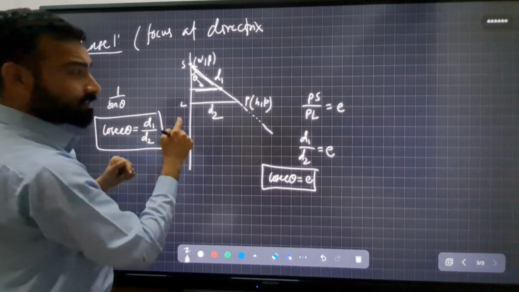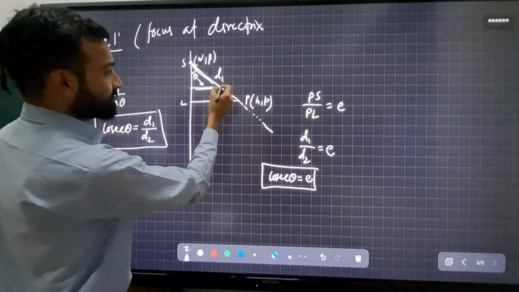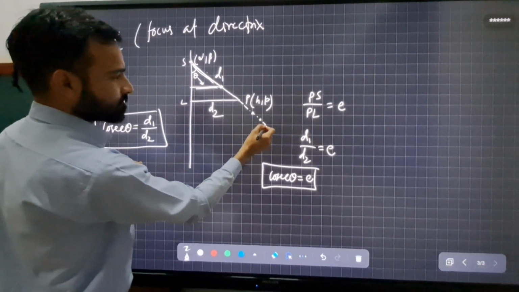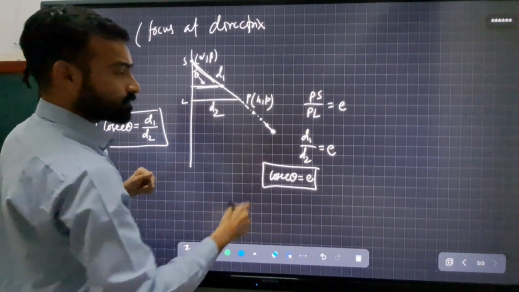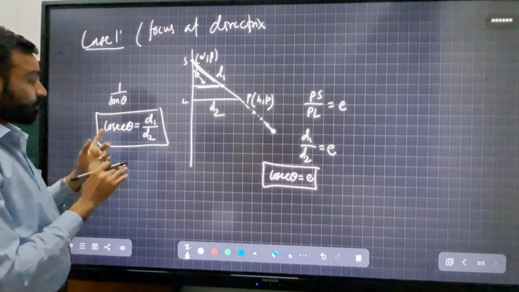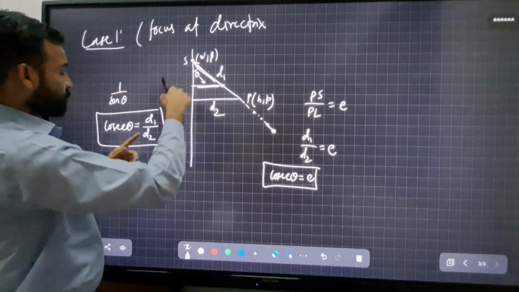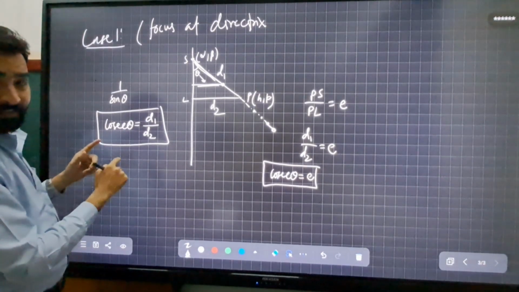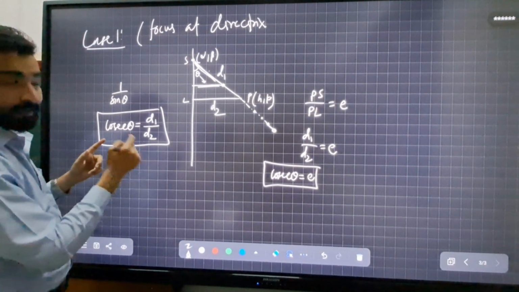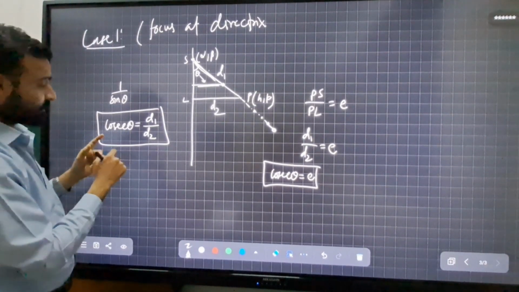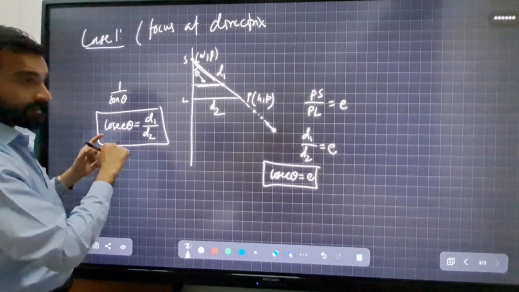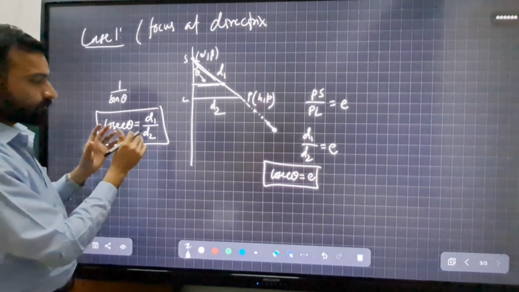If theta is fixed, there is only one possibility, that I can take this point P along the line only. So I can take this point here on the line. So this theta can lie between 0 to pi. So between 0 to 90 and 90 to 180, cosec theta will repeat, right? 0 to 90 gives one value and 90 to 180 you will get the same value.